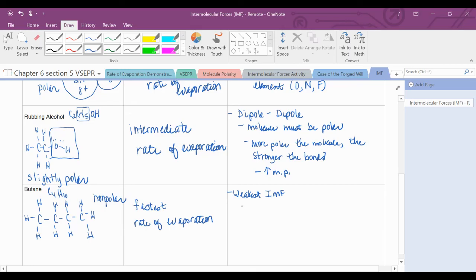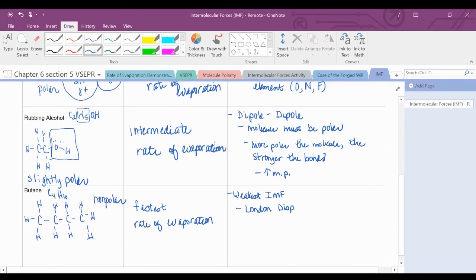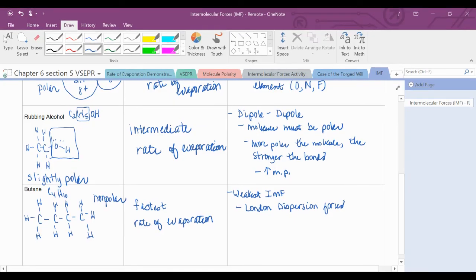And the intermolecular force it has is called London dispersion forces. Now, London dispersion forces are caused by the movement of electrons, and that movement of electrons causes temporary dipoles. So it's really important to note all molecules have electrons that are mobile.